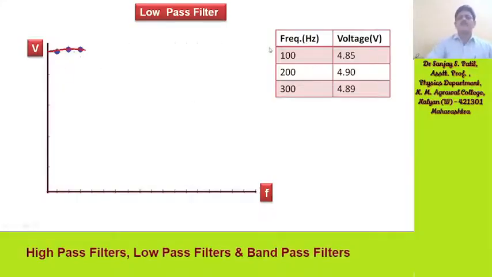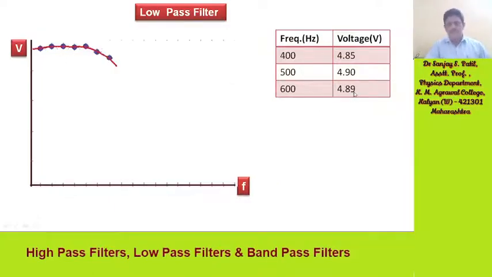See here, for 100 Hz it is 4.85, for 200 Hz it is 4.90, for 300 Hz it is 4.89 volt. Again for 400 Hz it is 4.85, 500 Hz 4.90 and 600 it is 4.89.